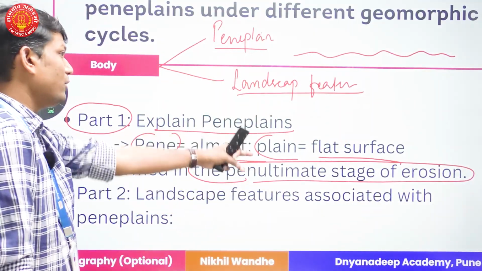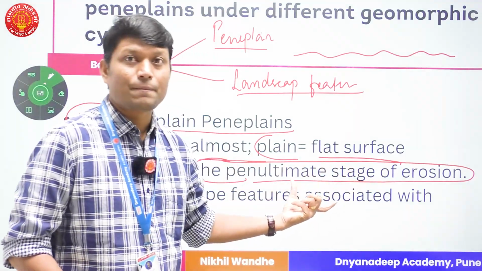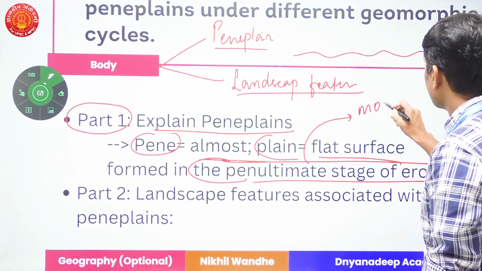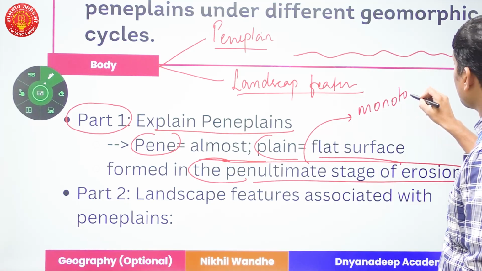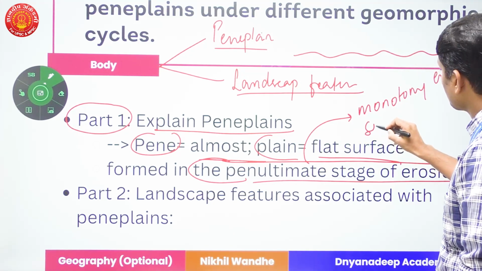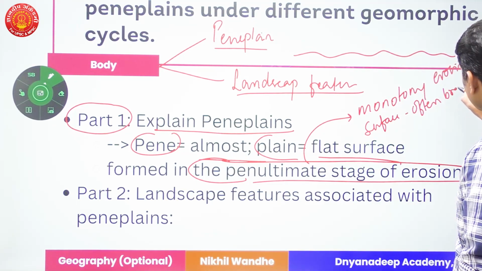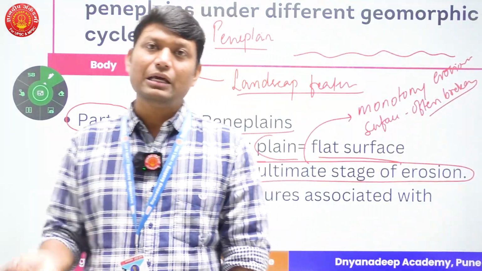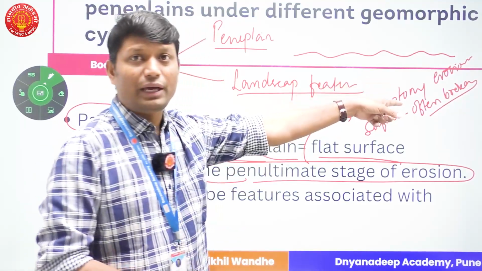And my plain is not completely flat. Understand this terminology: the monotony of the erosional surfaces is often broken by certain landscapes which are developed in the last stage of erosion. That is something you have to explain.